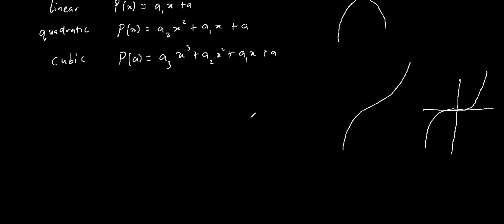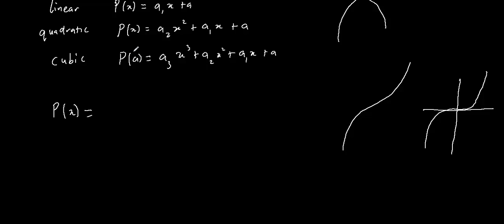Anyway, we can also write our polynomial p of x as a sum in sigma notation, because sigma notation is always used for summing up things. It really compacts everything and simplifies.